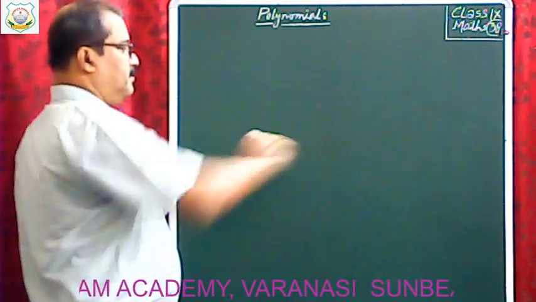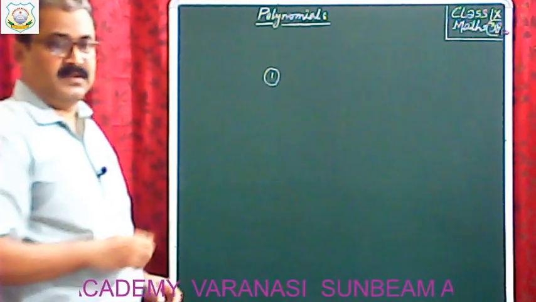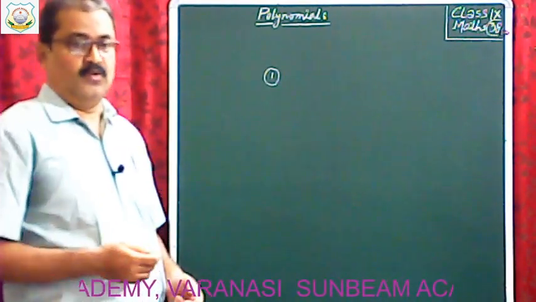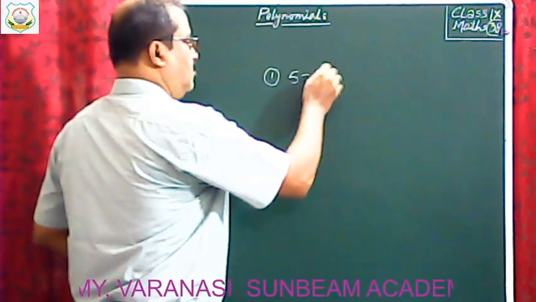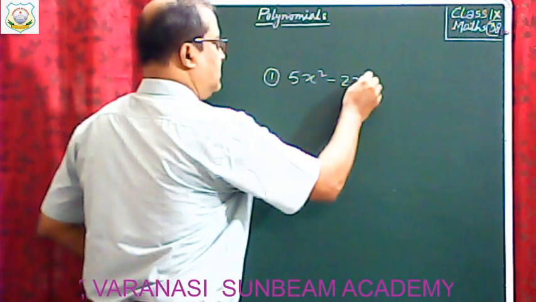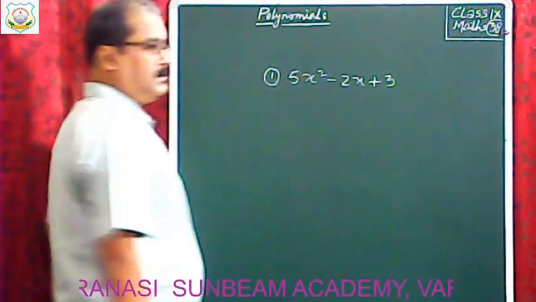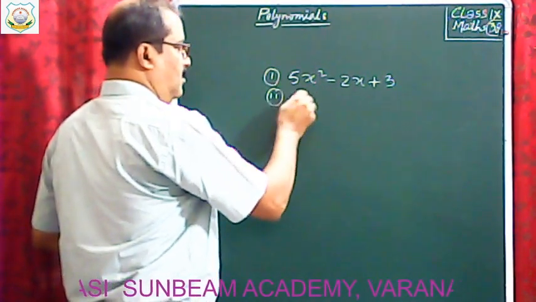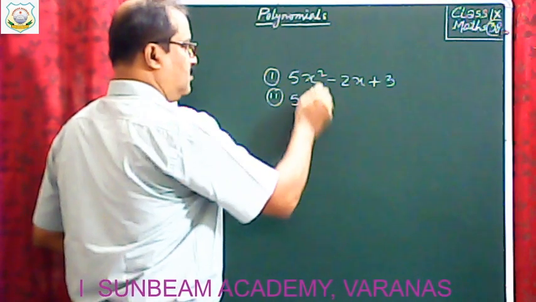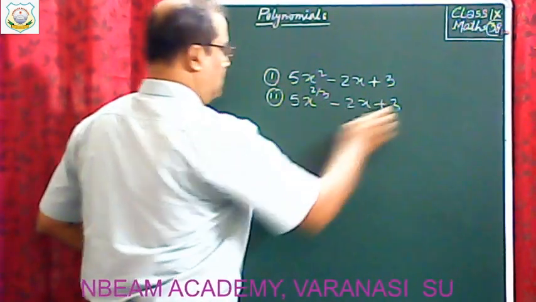For example, first I am writing algebraic expressions and thereafter we have to select polynomials, isn't it? First: 5x square minus 2x plus 3. Second: 5x to the power 2 upon 3 minus 2x plus 3.